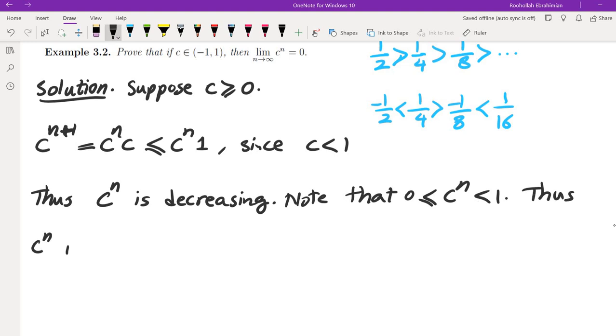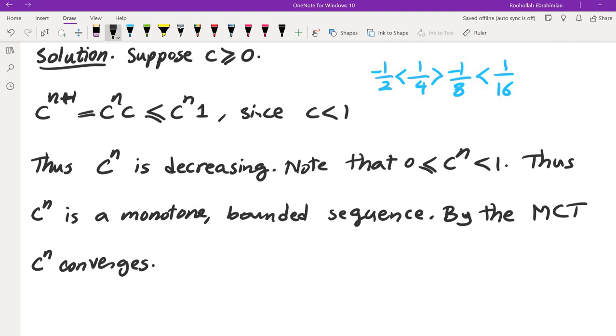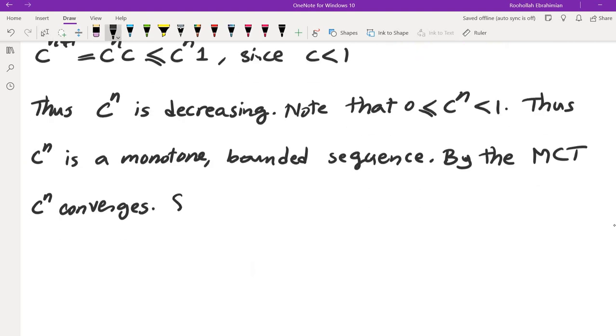C to the n is a monotone bounded sequence. Now, since it is a monotone and bounded sequence, by the monotone convergence theorem, c to the n converges. So let's assume that the limit is some s. So suppose the limit of c to the n is s.